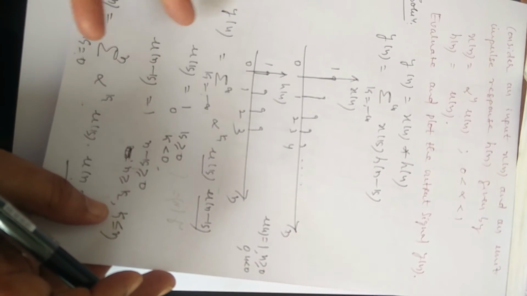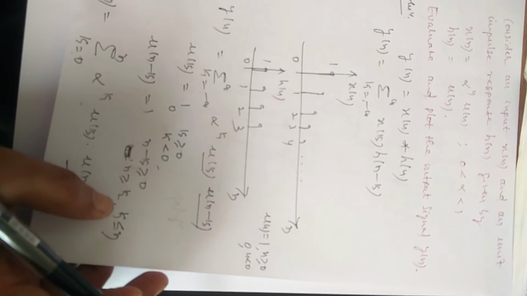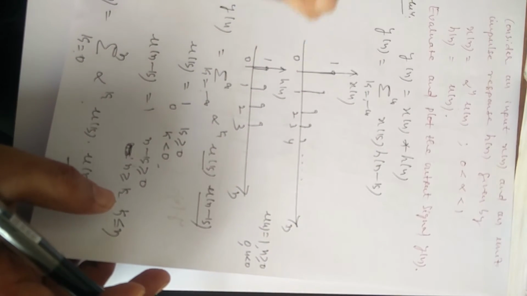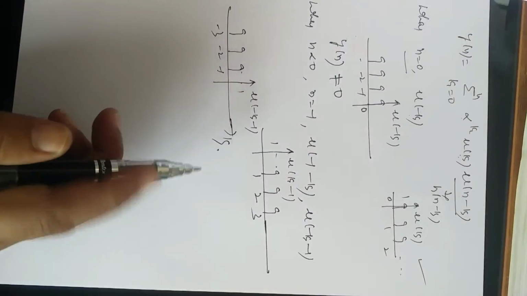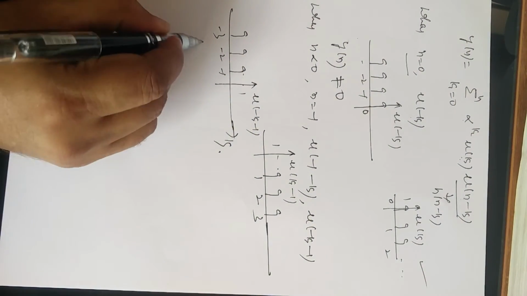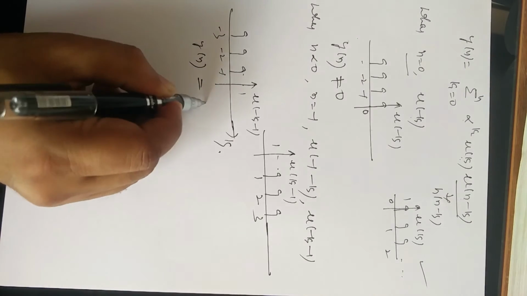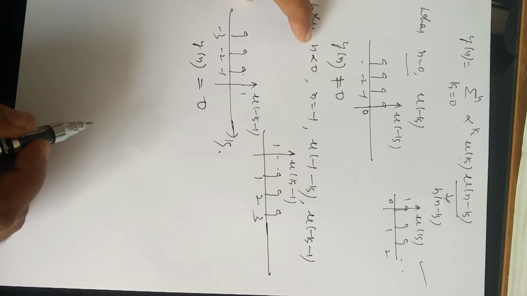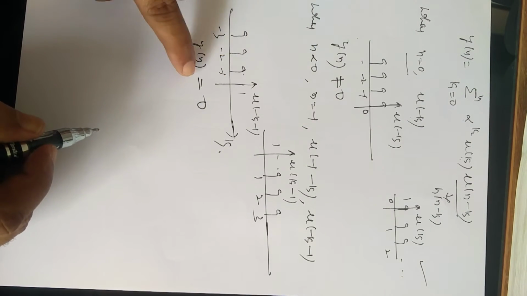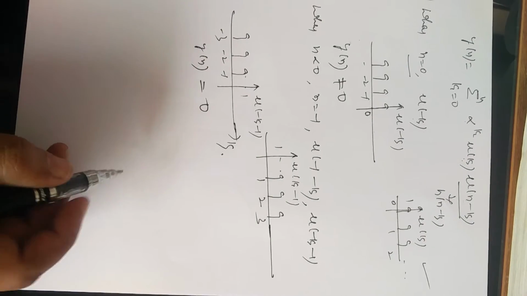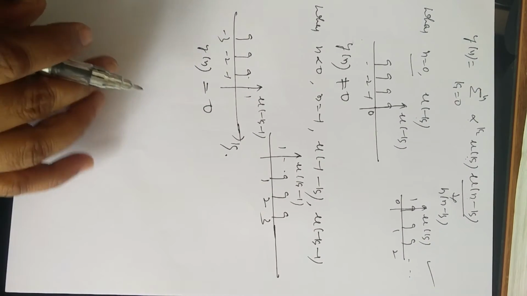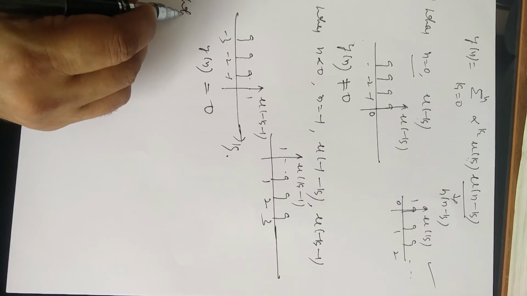Multiplication is possible only when two signals overlap, so the output is equal to 0. You can conclude that when n is less than 0, output y of n is equal to 0.